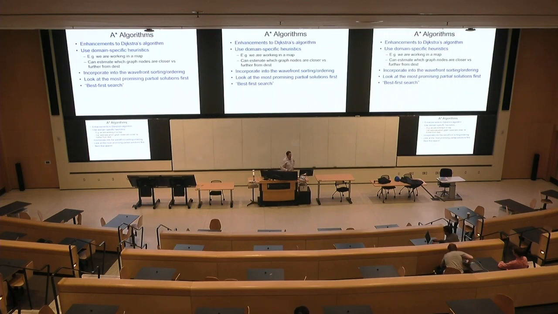So they use the wavefront with just a different sorting function to order the most promising solutions first. And that's sometimes called best first search, okay? Because Dijkstra's algorithm is actually an enhancement on breadth first search. A-star is an enhancement on that, and it basically looks at the most promising partial solutions, the most promising nodes in your wavefront first. Does that make sense?